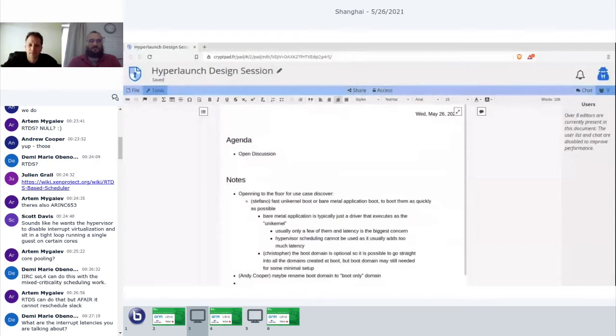Just offhand, it sounds like what you need is a scheduler that is aware of these critical interrupts, that when it gets one, it understands that means that domain has to have exclusivity over the system, and can take care of ensuring that you get scheduled exclusivity over the system.